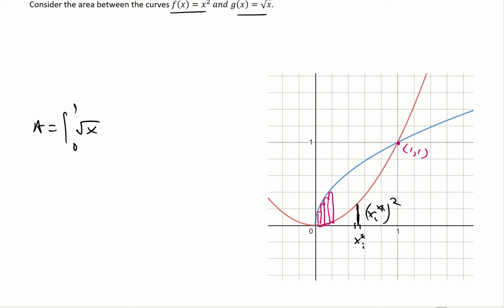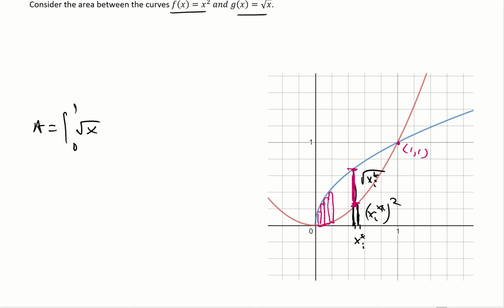If you went all the way up to the top, at the same x, that height would be the square root of x sub i star. So how do I get just this distance, from here to here, because that's how tall that rectangle is between the curves, okay?